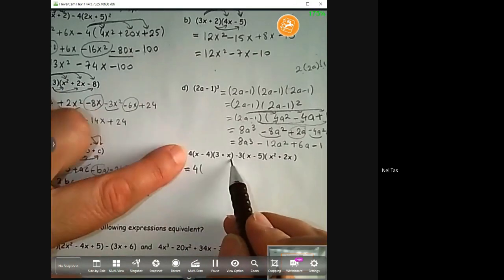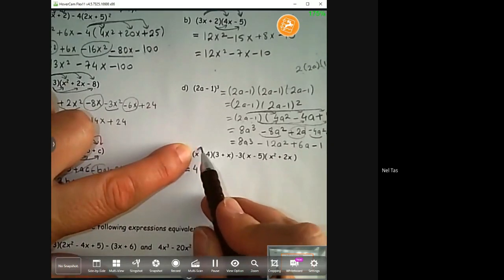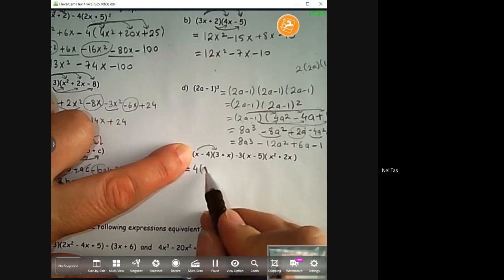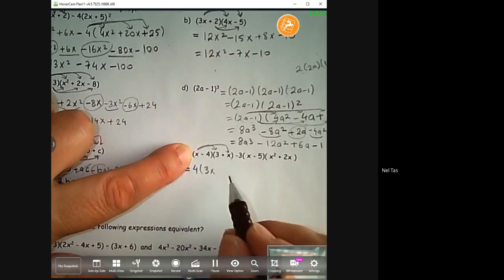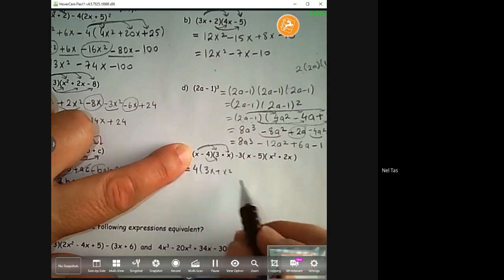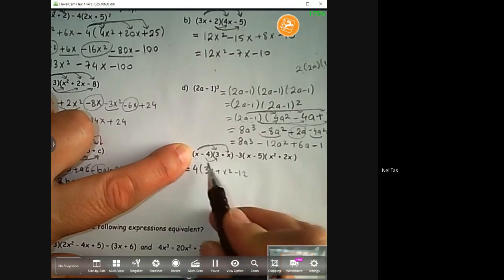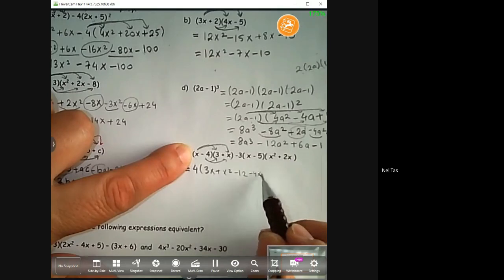First, I'm going to multiply these two binomials here. So do the FOIL. X times 3, 3x. X times x, x squared. Negative 4 times 3, negative 12, negative 4 times x, negative 4x.